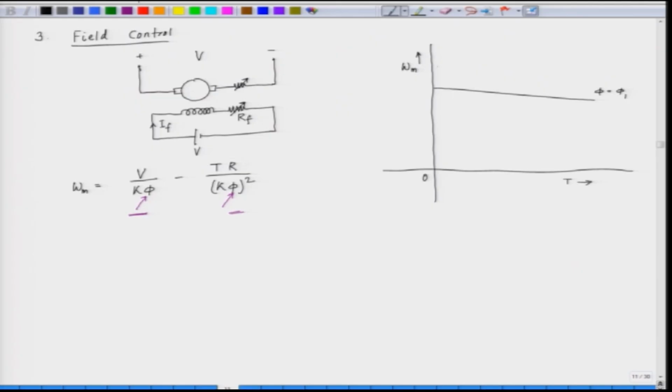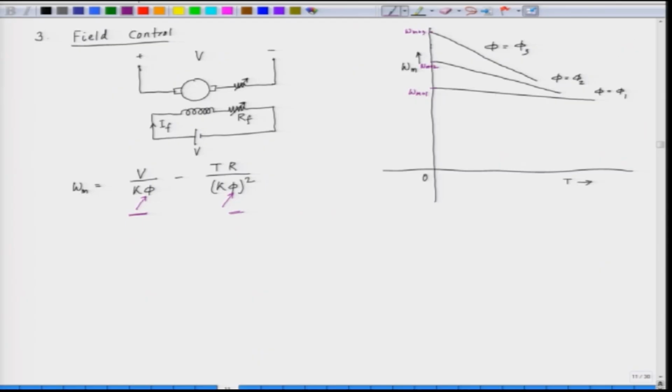So, it means if you reduce the flux, we get somewhat this profile, phi equal to phi 2, and we further reduce the flux, phi equal to phi 3. So, what we get here? We get various no load speeds: this is omega m0 1, and we get omega m0 2, and we have omega m0 3.